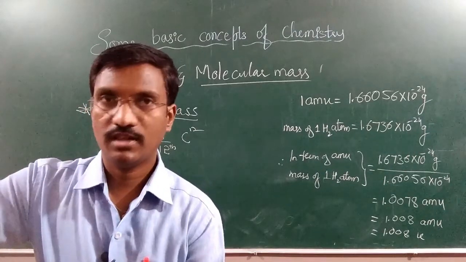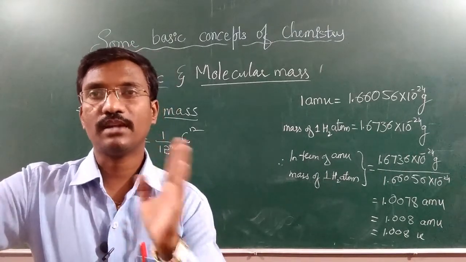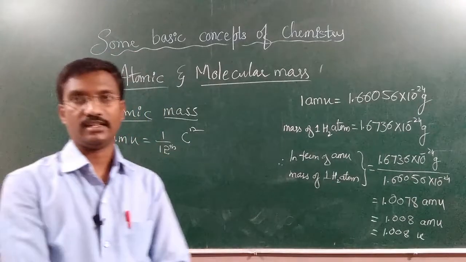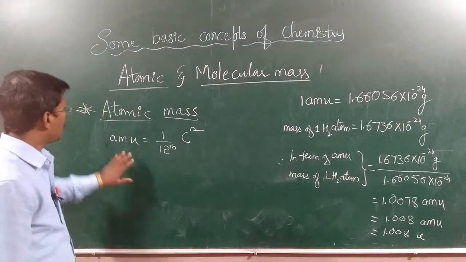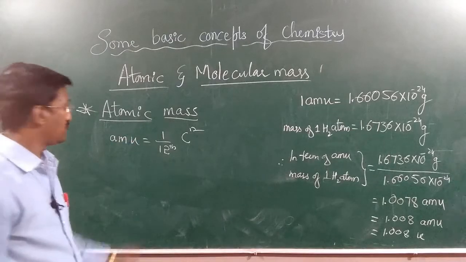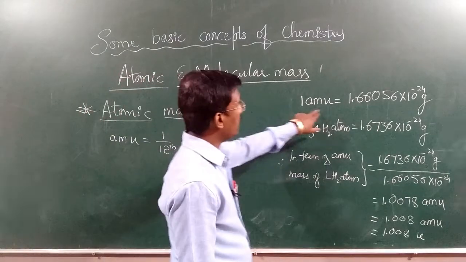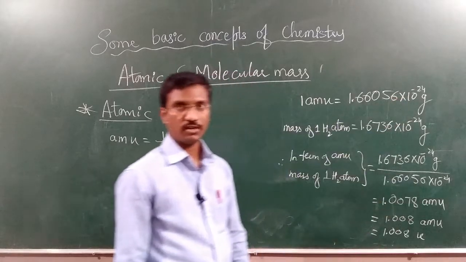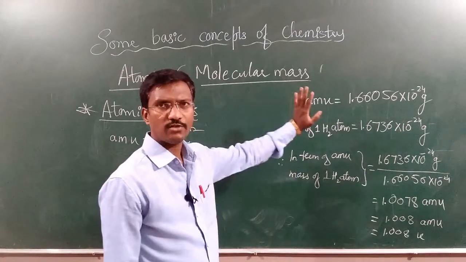What is AMU? They will ask for 1 mark. AMU is atomic mass unit, and you have to define it with the 1/12 the mass sentence. Commonly 1 AMU has the value 1.66056 into 10 raised to -24.